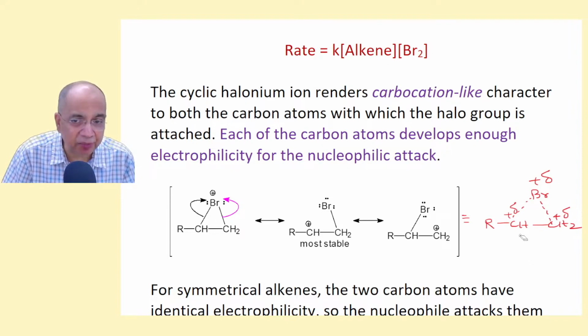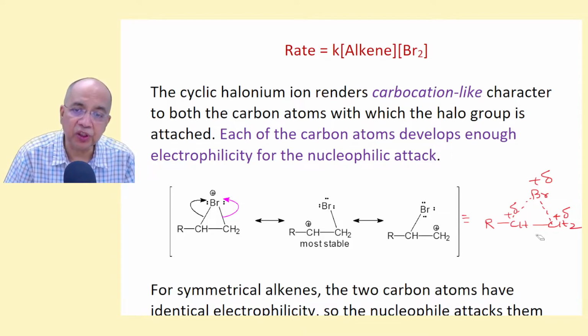But ultimately it will be a dibromide, and I shall show you that there will be only one chiral center in this type of molecule, and you always get a DL mixture, because this is one bridged bromonium ion, and its mirror image will also be formed on the other side.